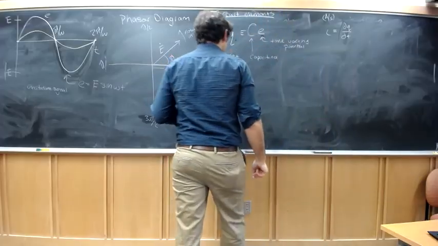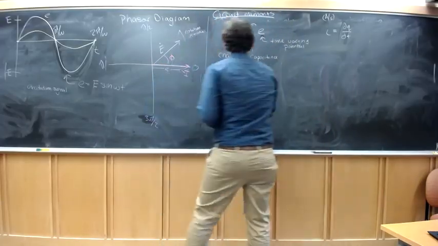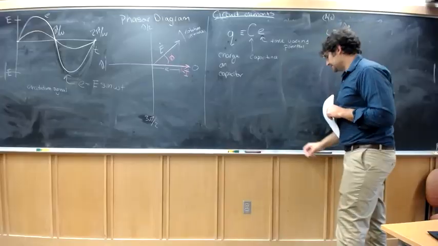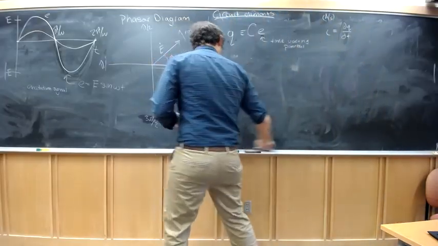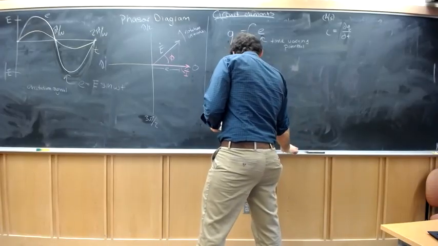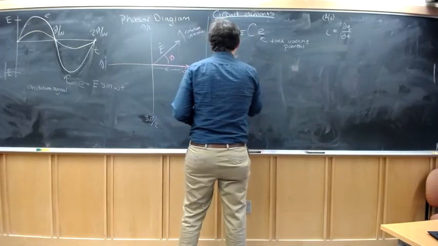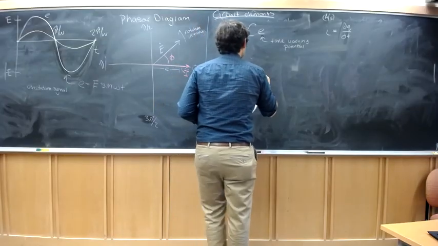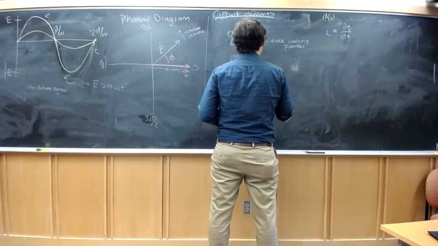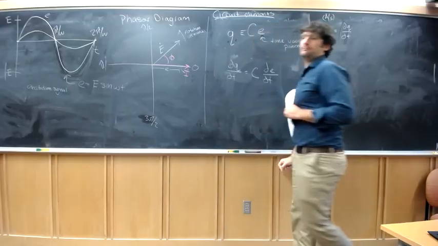Okay, so that's a capacitor. Its charge is equal to the capacitance times the time varying potential. So let's go on here. We can also write dQ/dt equals C dE/dt, if I differentiate both sides.